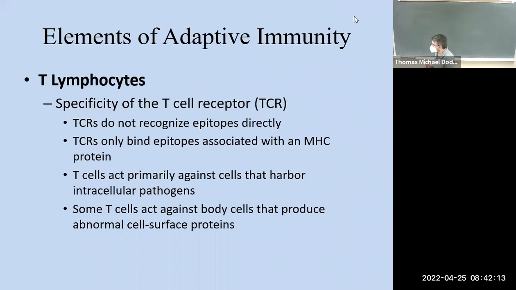And their purpose is primarily not to bind the invader, but to bind to a cell that has an invader inside of it. So they actually act against your own cells that have some abnormality, maybe an abnormal surface protein.